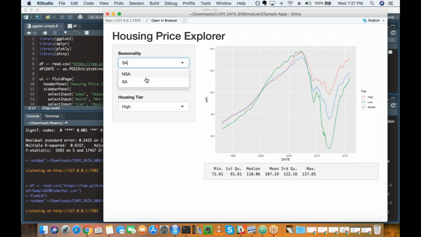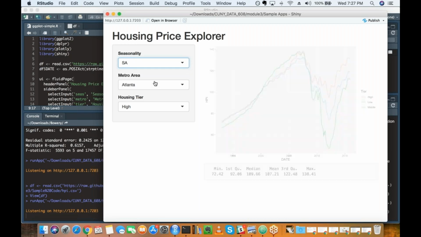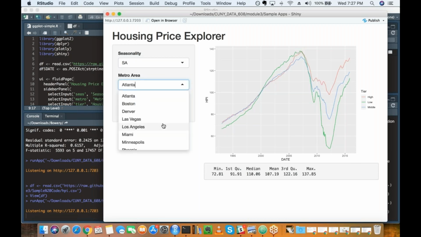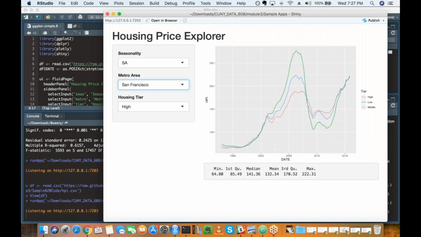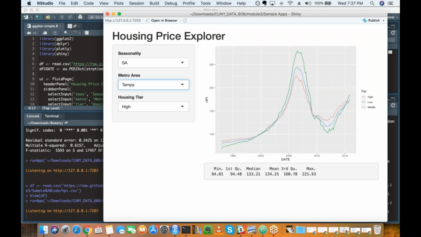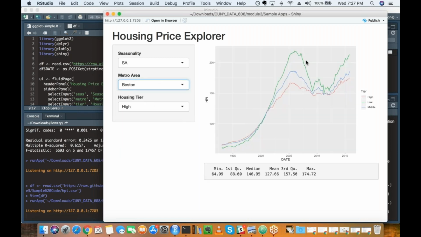You can choose seasonally adjusted or not seasonally adjusted data, as well as pick different metro areas. So we could compare what's happening in these different metro areas, and get clear ideas of this, which is pretty focused around the housing boom and bust. So seeing what different cities were experiencing in these times.